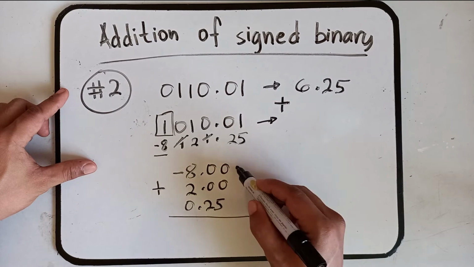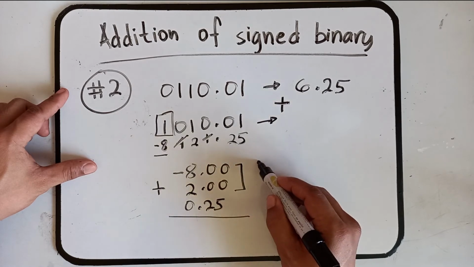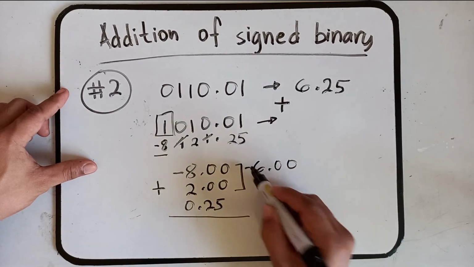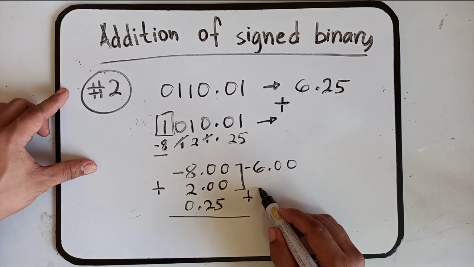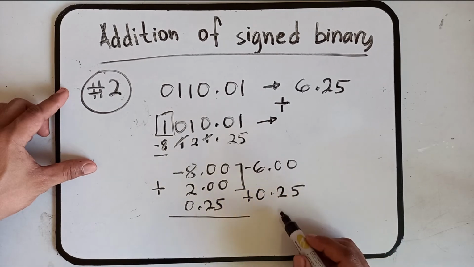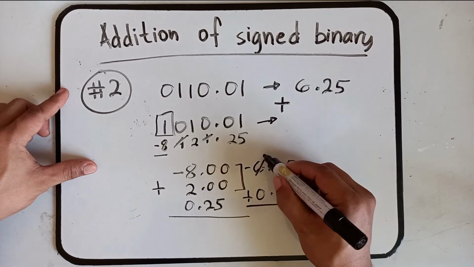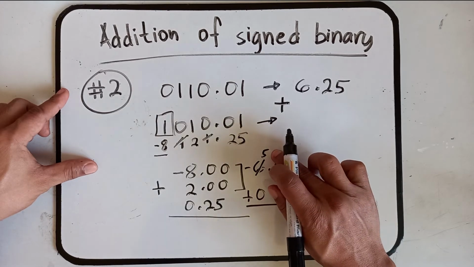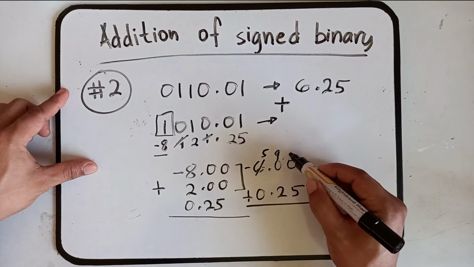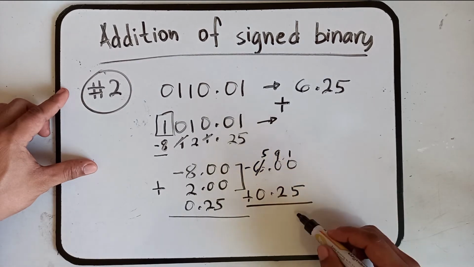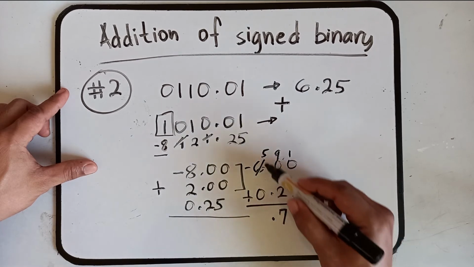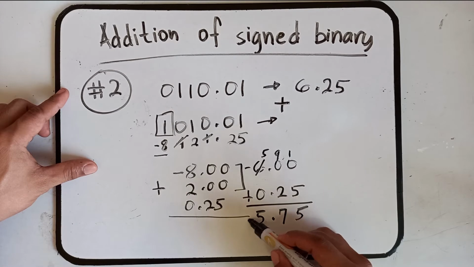Okay, so on this part, we have already an answer for negative 6.00. This is negative plus 0.25. So on this part, we have to cancel this out. This becomes 5 and this becomes 1, but we have to borrow from here. So this becomes 9 and this becomes 10. So 10 minus 5, this becomes 5. Then 9 minus 2, this becomes 7. Point, just bring down 5. So this is negative 5.